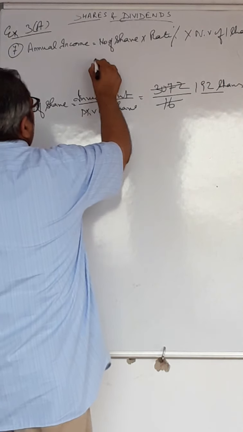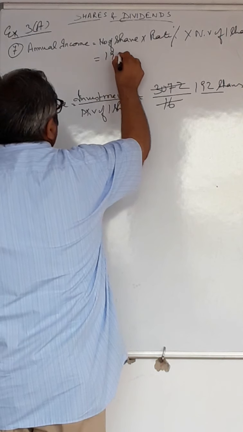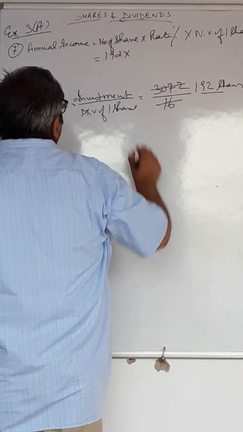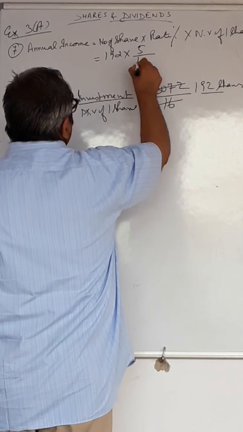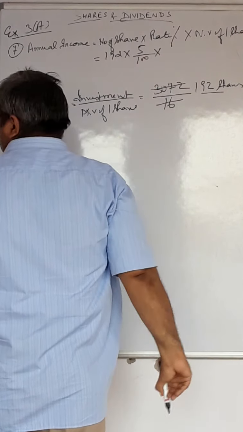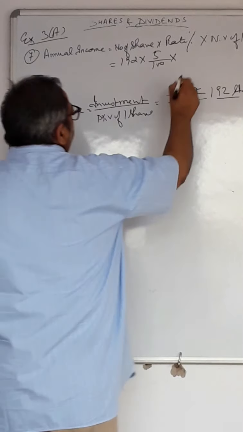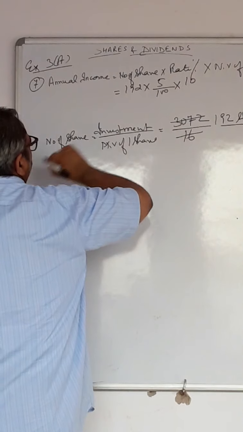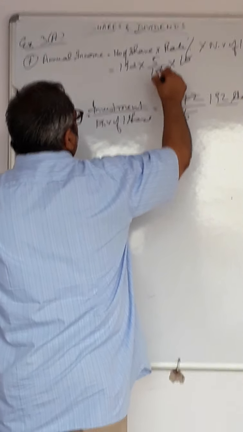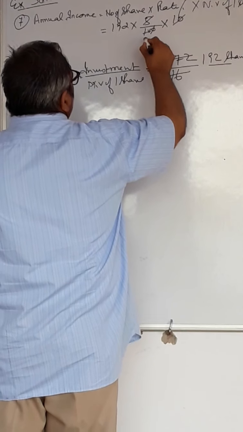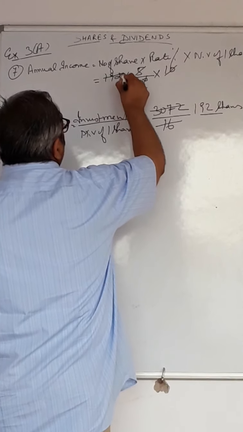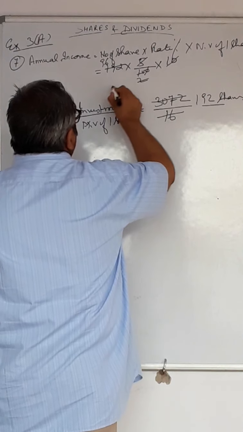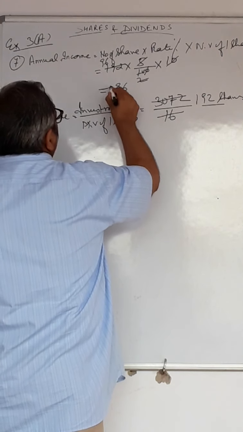Now, number of shares 192. Rate of return by company 5%, 5 upon 100. Nominal value of one share rupees 10. So 0 0 cancel, 2 5s are 10, 2 9 18, 2 6 is equal to 96 rupees.